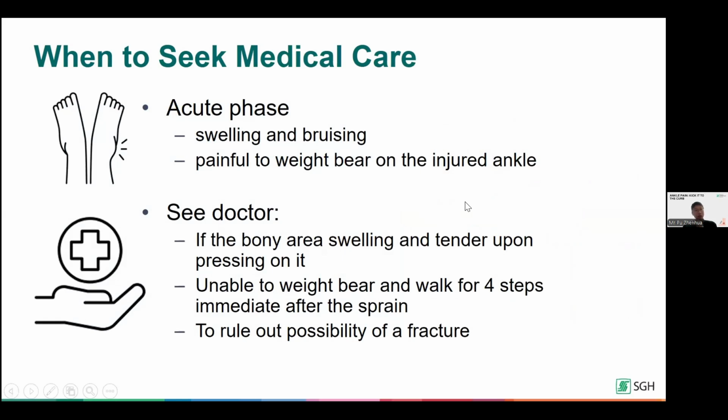Usually this kind of presentation of swelling and bruising will be very obvious, especially in the first few days. And it's very difficult for you to put weight on the injured leg. And just now, Dr. Do also mentioned using the Ottawa ankle rule.